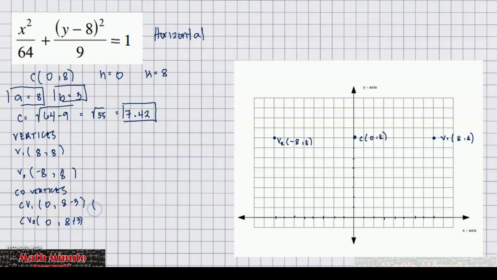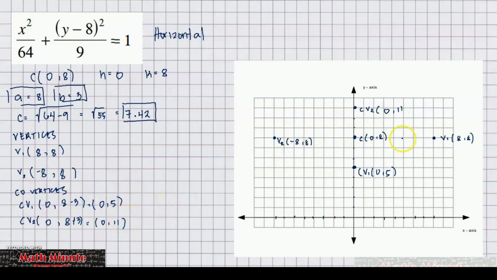So this will be 0, 5 and 0, 11. So we just plot it here. So 1, 2, 3, 4, 5. So this is your CV sub 1. Then CV sub 2, 6, 7, 8, 9, 10, 11. So CV sub 2, 0, 11.